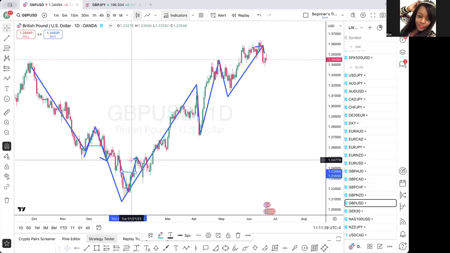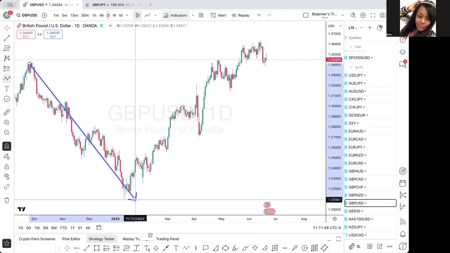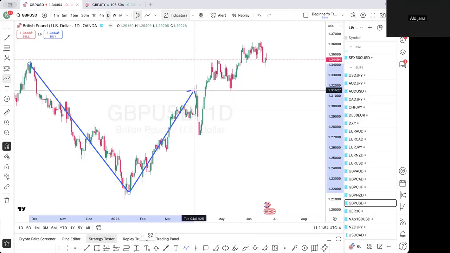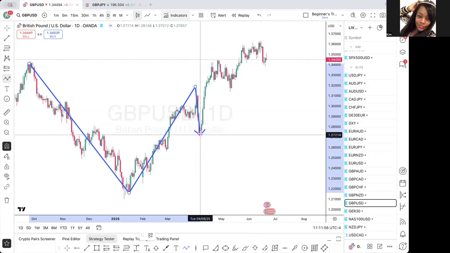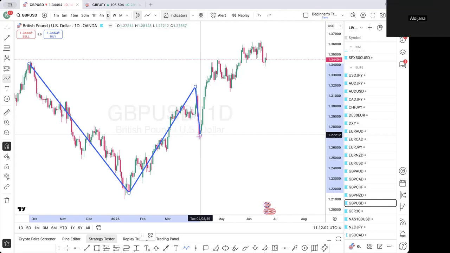Okay. Let me go back to D Will's markup. So this was a push down. This was a push up. We had a pullback. It broke some levels of structure, right? And then it broke that high.